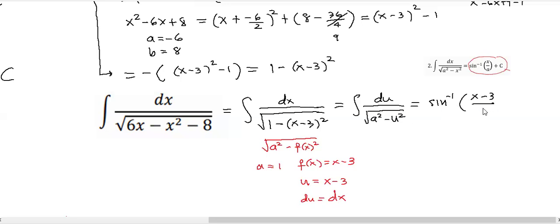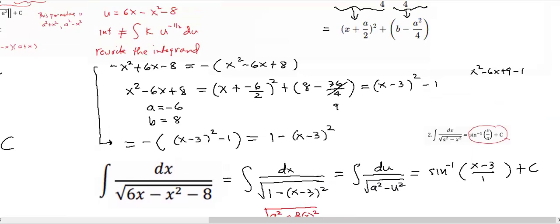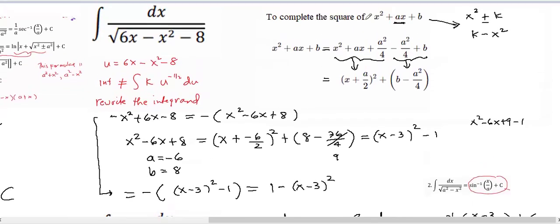And then over, ano yung a natin? That's 1. And then plus c. Arc sine of u. Ano yung x minus 3? Or this is simply arc sine of x minus 3. Okay? So, take note of how to complete the square. So this is always equal to this one.